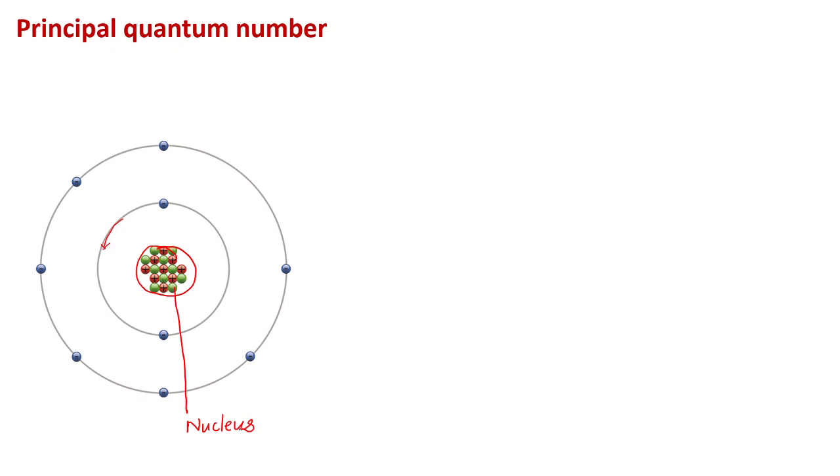The principal quantum number basically tells us one very important characteristic of the electrons, and that is the distance between the nucleus and the place where they are revolving around. These places are called shells. You can just say that these are the pathways where the electrons keep moving around the nucleus.